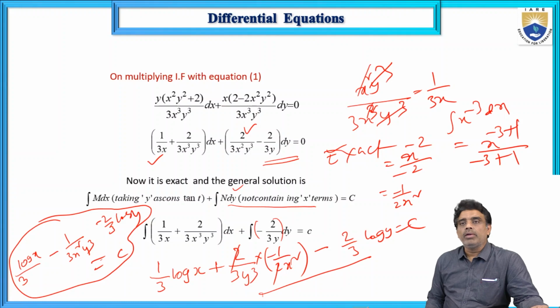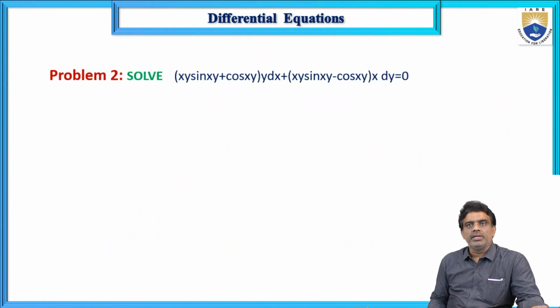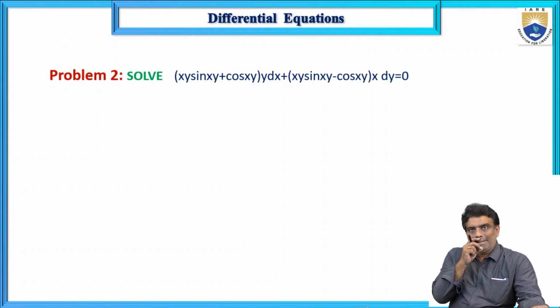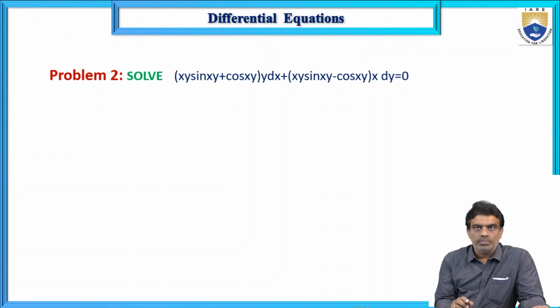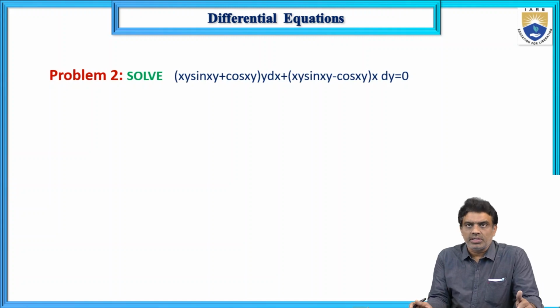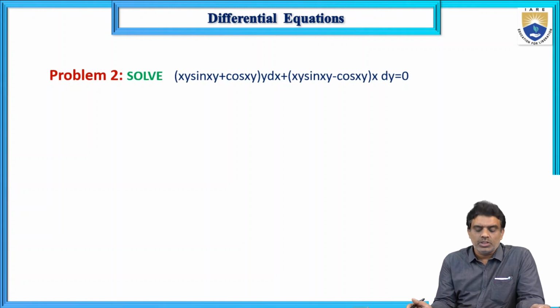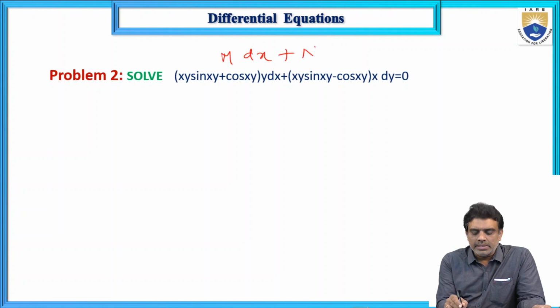So we will go through one more example and I will solve the differential equation xy sin xy plus cos xy, of y dx, plus xy sin xy minus cos xy, of x dy, is equal to 0. So how to solve this equation? The same procedure we follow here also. It is also in the form M dx plus N dy is equal to 0.